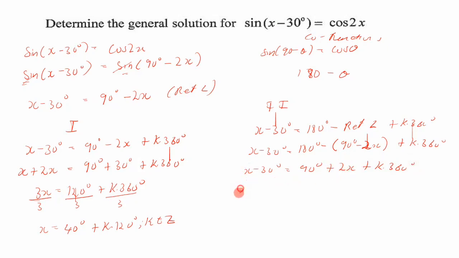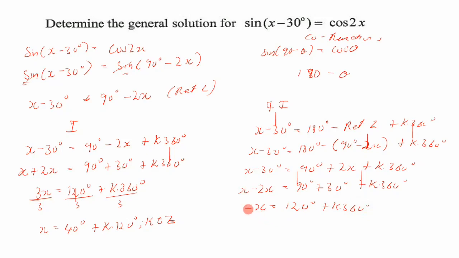So we have x minus 2x is equals to 90 degrees plus 30 degrees. So we took this negative 30 and brought it here, then plus k 360. So what is x minus 2x? Negative x, and then here we have 90 plus 30, which is 120 degrees, then plus k 360 degrees.